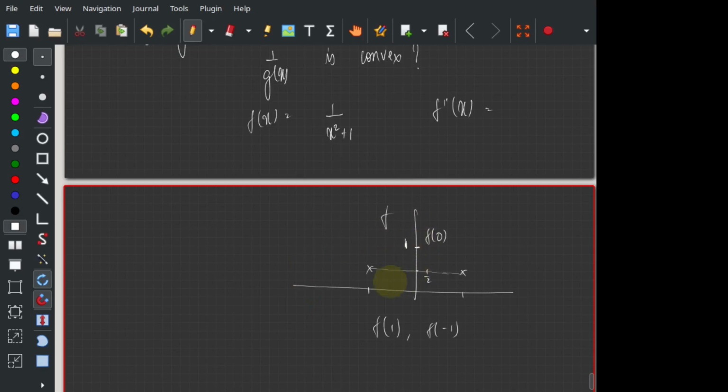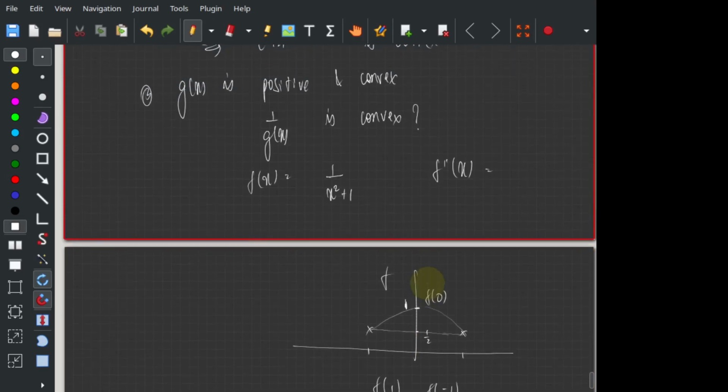Because f of 0 is above the straight line joining these 2 points. Something like this. So it's not convex. Or if you want to convince yourselves, just take the second derivative of f of x, evaluate it, and show that at some point, I guess at x equal to 0, the second derivative will not be non-negative, it'll be negative.